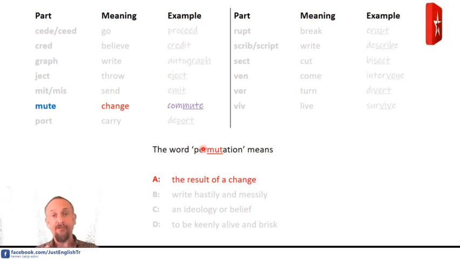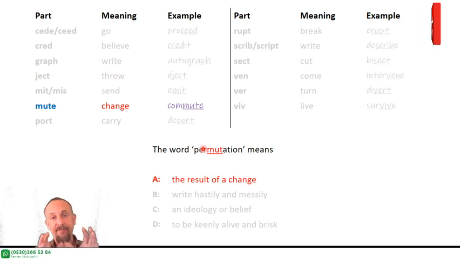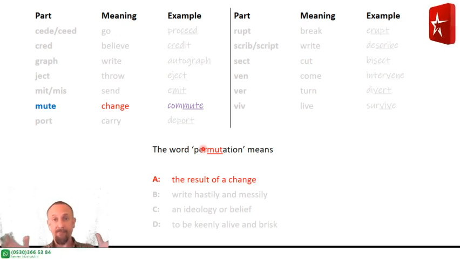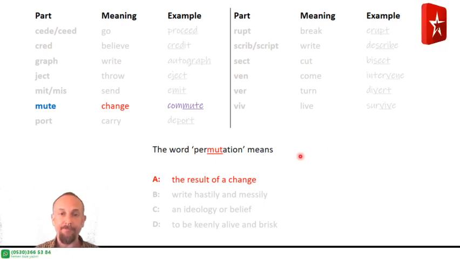Morph means to change too. It mutates from one form to another. From a caterpillar, it turns into a chrysalis or a cocoon, depending on whether it's a butterfly or a moth. They're two distinct things. And then from that state, it turns into the final state, the butterfly. So a result of change. Permutation would be many different changes within any one area.